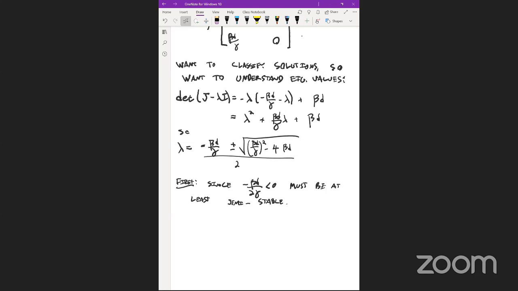We also now have a condition for whether this is a focus or a node.